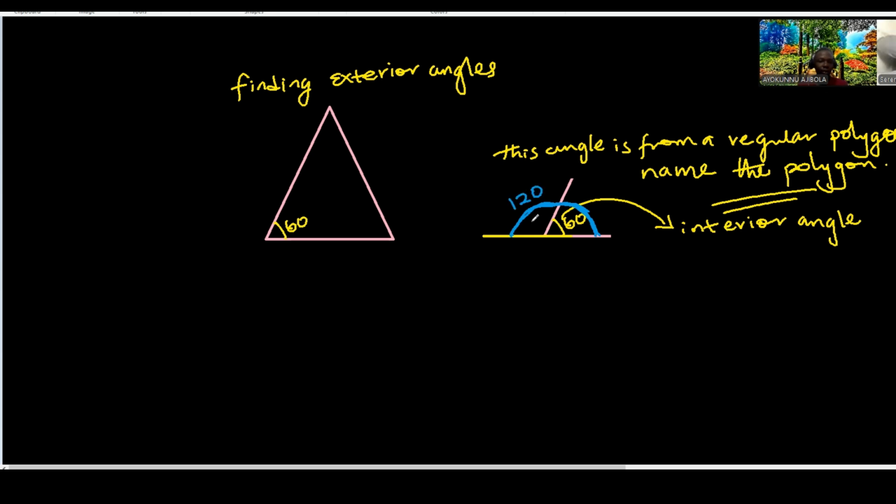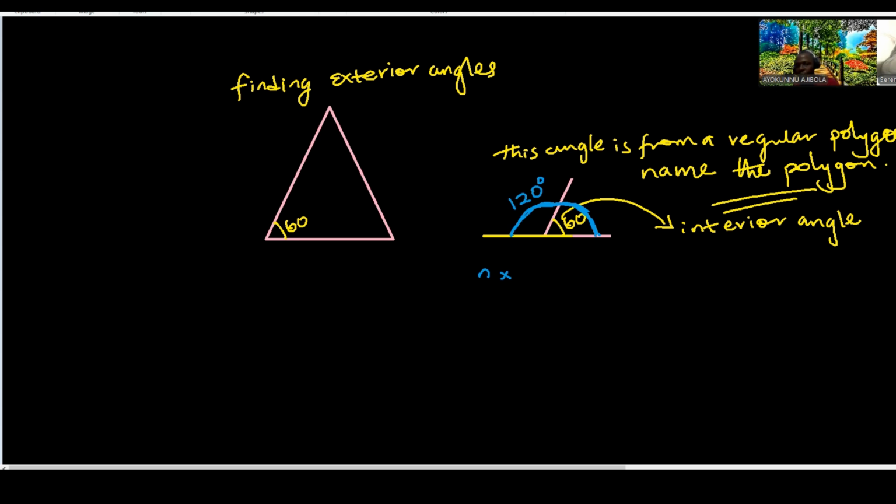120 degrees. Okay. So once we have known the external angle and it's a regular polygon, we don't know how many sides it has. We'll just say number of sides n times the external angle must be equal to 360 degrees. So let me write a formula for that.